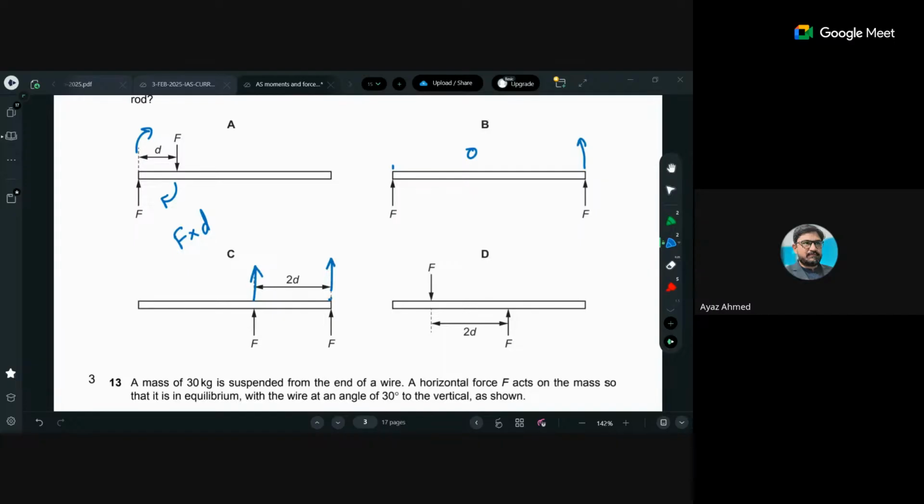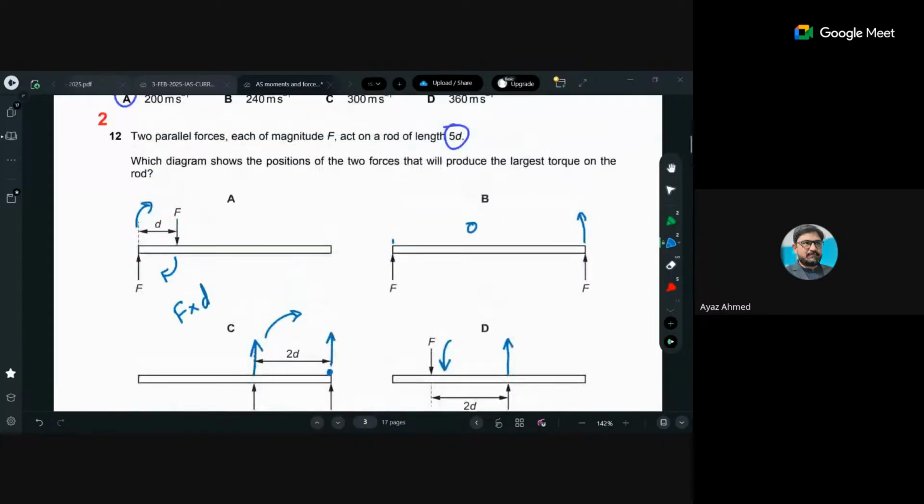For example, if this is the pivot, then this would create a torque, so it will be F into d, and F into 2d. If this is in this direction and this is in this direction, one of them is considered as a pivot, and the second one provides the moment.